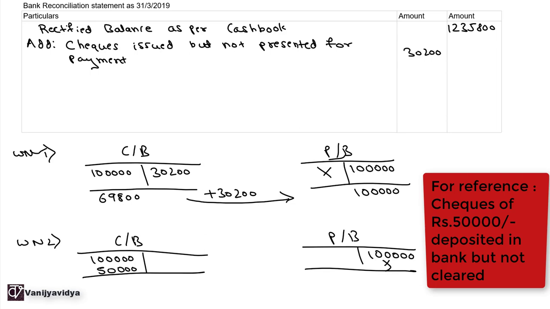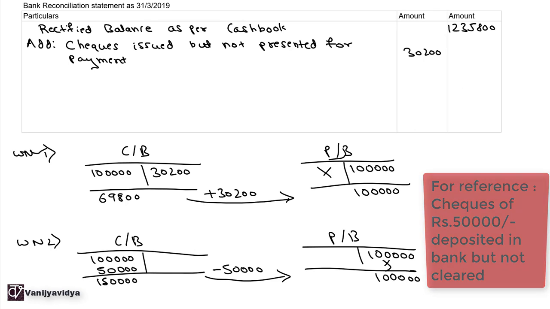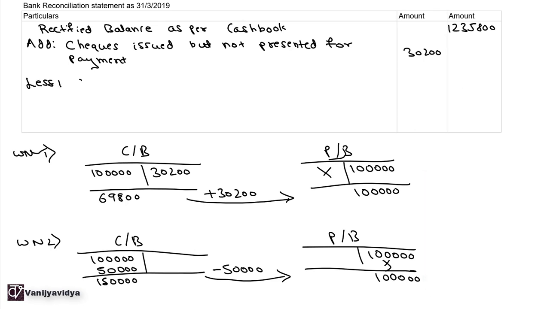So now the balance here is 1,50,000. Here the balance is 1 lakh. Now we are moving from cash book to passbook. So we have to reduce 50,000 in the bank reconciliation statement. Let's do that. Less checks deposited but not cleared 50,000.